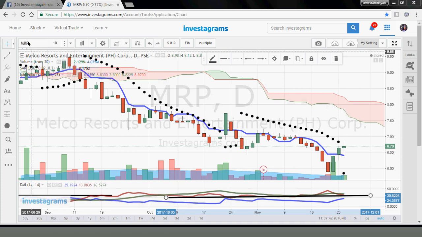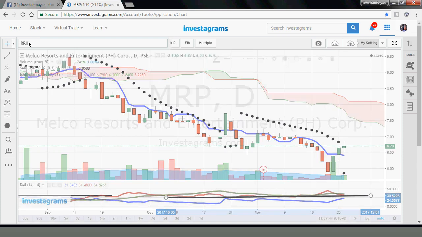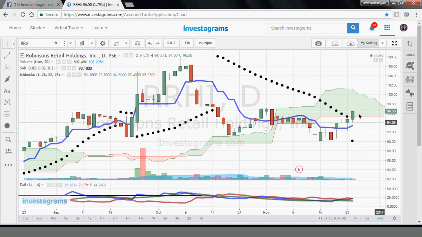Baba, check natin yung ibang stocks niyo ha. RRHI, check na si RRHI. Ito kasi kita ko siya dire-diretso. Okay, good. Check natin, possible reversal. First parabolic dot. Kung meron kang RSI, trying to break out sa cloud. Kung nakita natin, pwedeng mag-consolidate ito kasi nasa loob ng cloud.